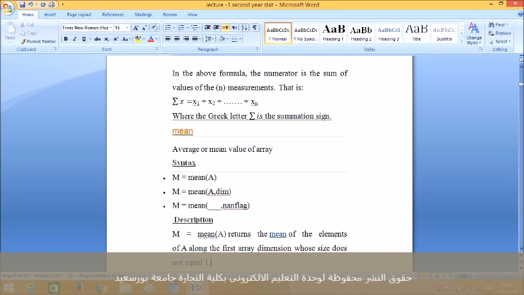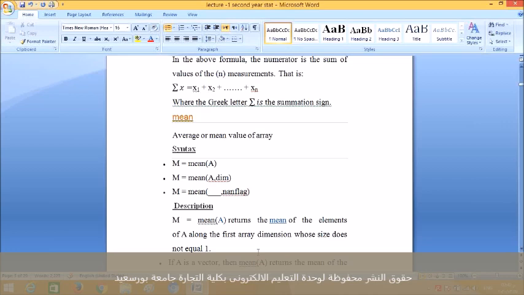So this means that the size of the data set must be more than 1. You cannot compute the mean for only one observation. This is not correct. You have to compute the mean for at least more than one element.